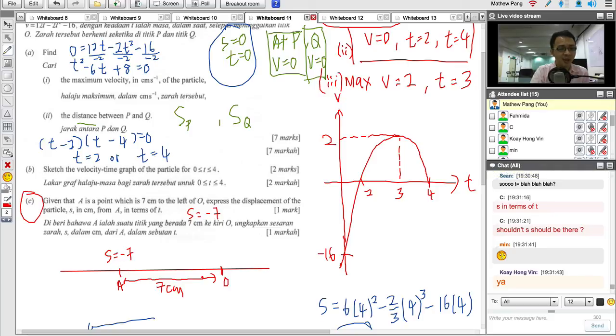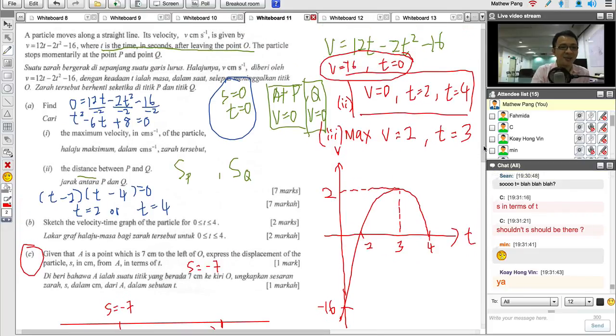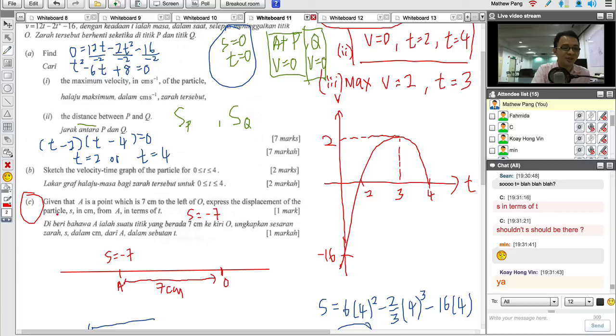Express the displacement of the particle S in terms of t. Oh, particle S. This is particle S, not displacement S. Okay, so the particle itself is S, right?